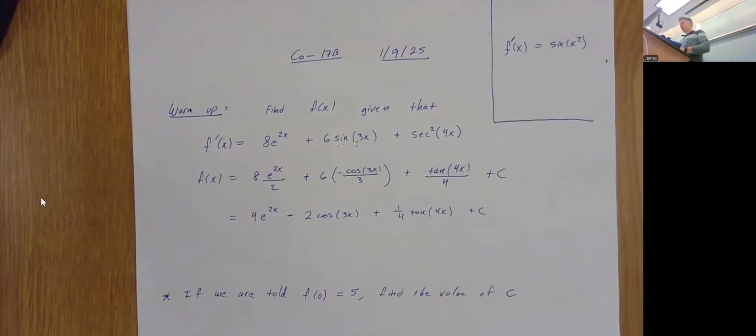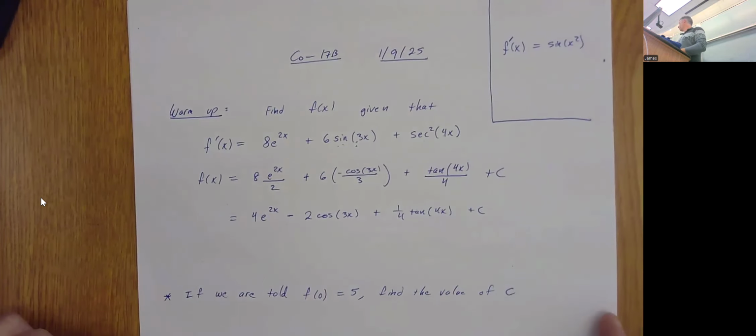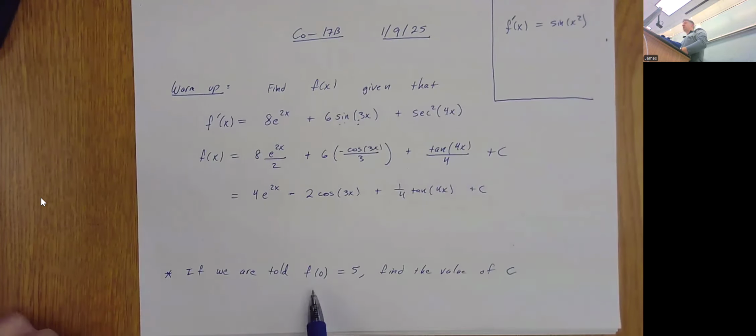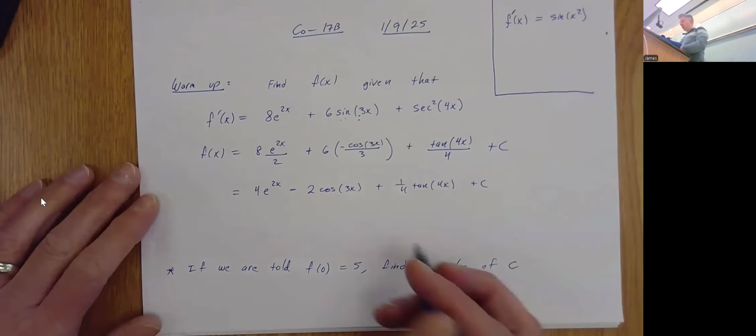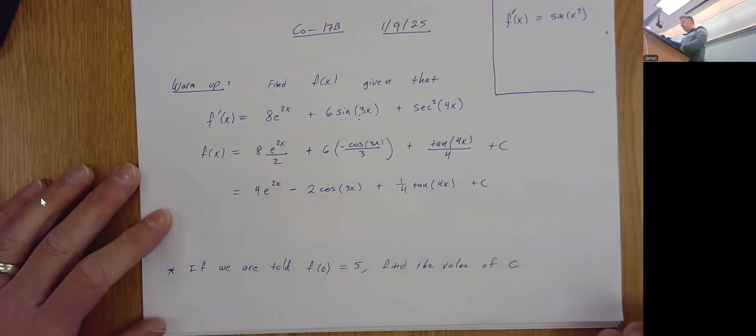And then to answer the second question here, we're told that the initial condition is that the function's equal to 5 when the input's equal to 0, or f of 0 is equal to 5. We want to find the value of the constant there. So we're just going to plug in 0 for x and set it equal to 5.